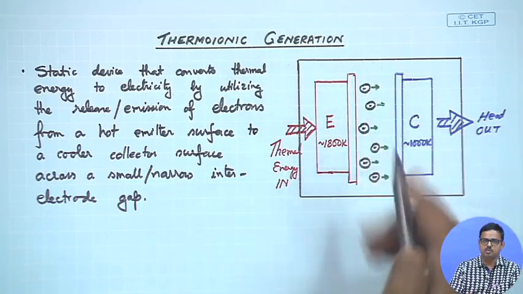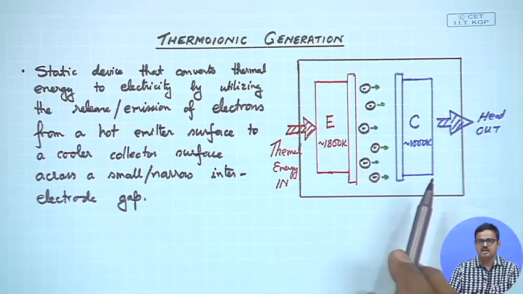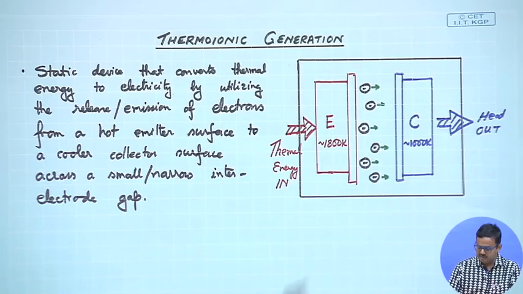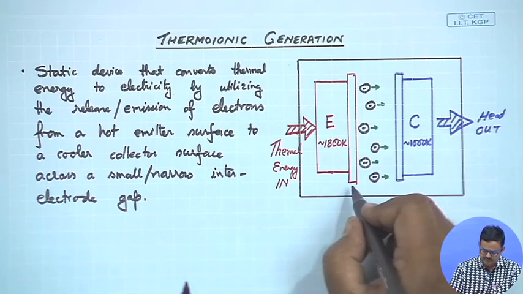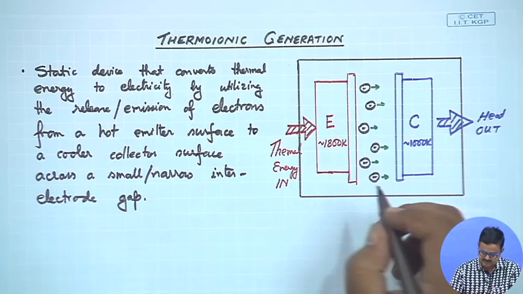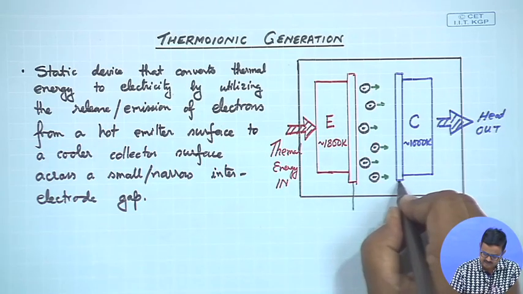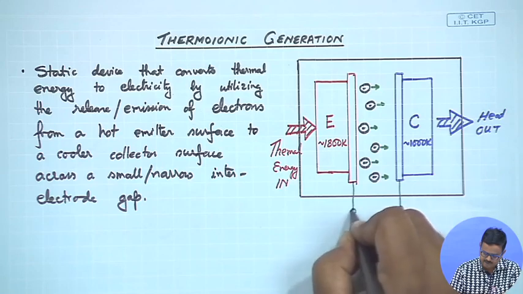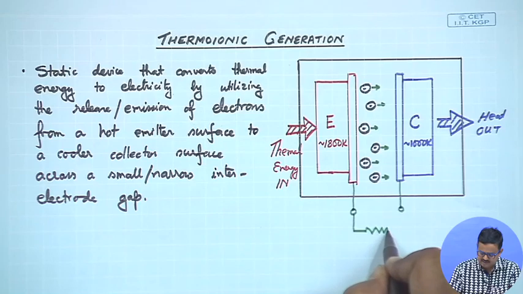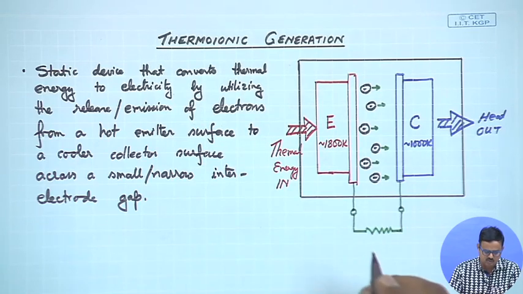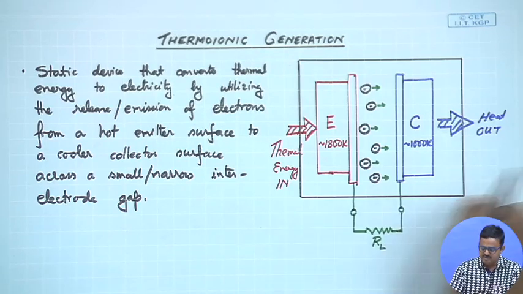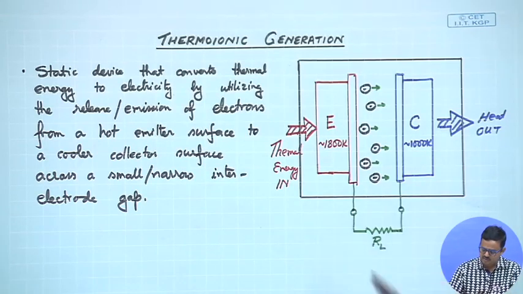As the electrons give up their momentum after hitting the collector surface, we do get some heat dissipation from the collector. However, if I now connect the collector and emitter externally through a resistance or load R L, then we will have a net current flow in this direction.